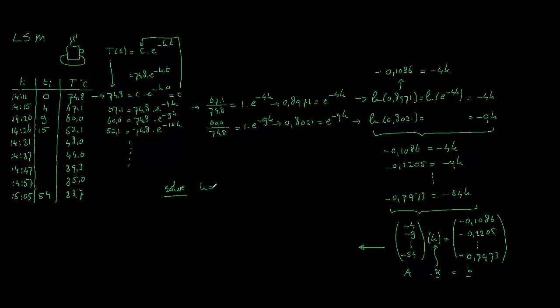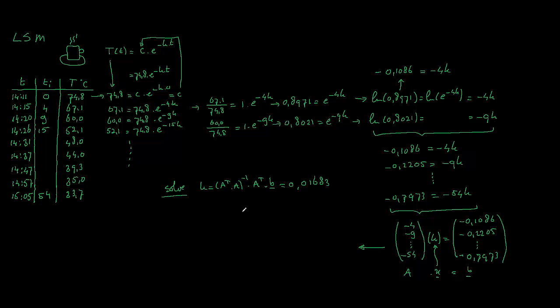Well, if we solve this, we get something like A transpose times A, inverted, times A transpose times b. Well, if I do that in my computer or calculator, it gives me something like 0.01683. Well, this is the best fitting k value for this situation over here.